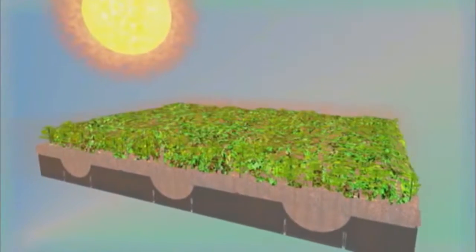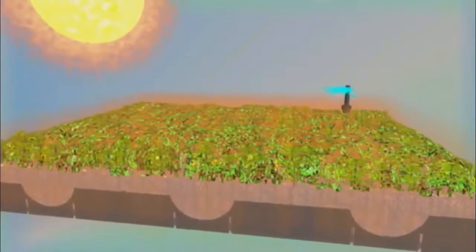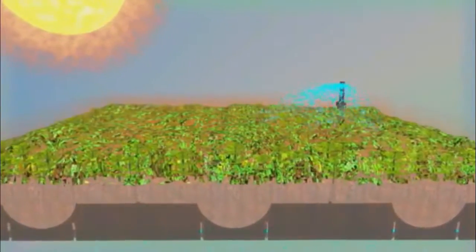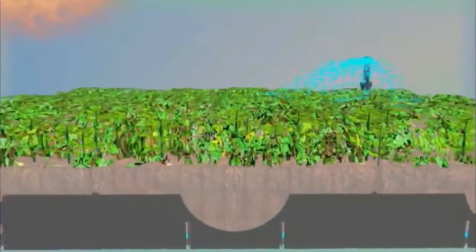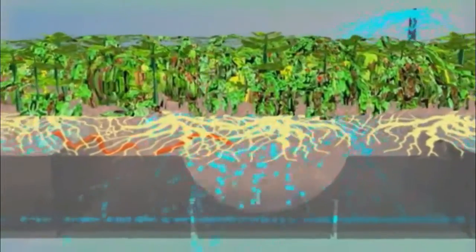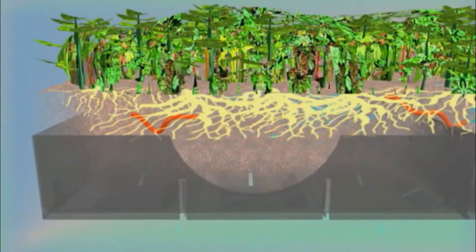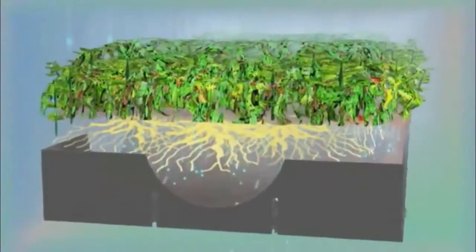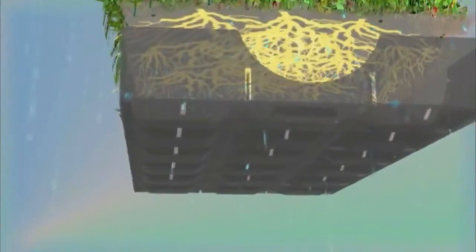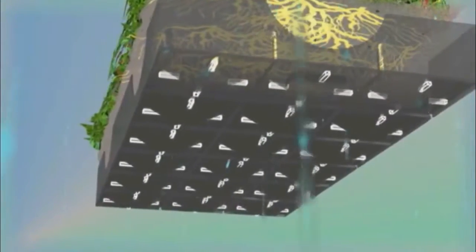The growing medium stores rainwater and vegetation is used for photosynthesis. Reservoirs provide storage for excess capacity. In addition, a moisture retention mat helps to absorb excess water for future use. The roof assembly is an important component for protecting the roof walls from penetration by plant roots.